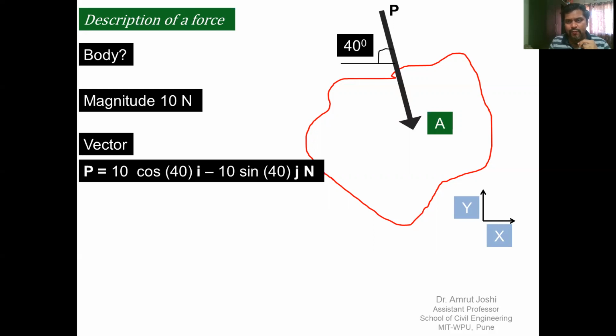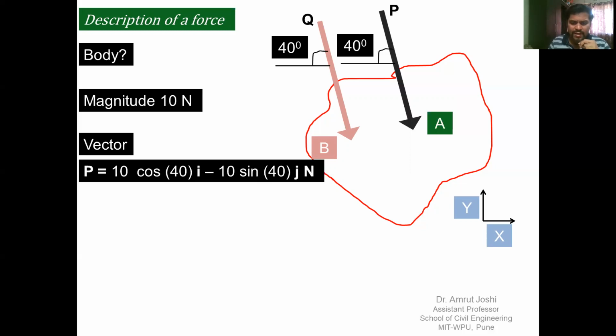Now let us try and ask ourselves a question. When do I say the two forces that are acting on a body are equivalent? So what is the criteria for equivalence of those two forces? I would define it in the following way. Two forces acting on a body are said to be equivalent provided they have same effect on all points of the body. So with this definition, now let us consider force Q. This force Q is applied at point B. It has same magnitude as force P, 10 Newton.